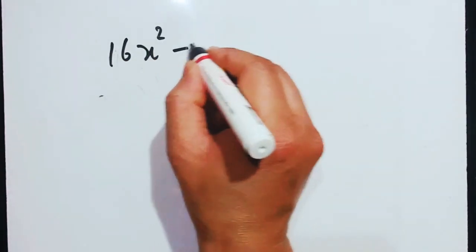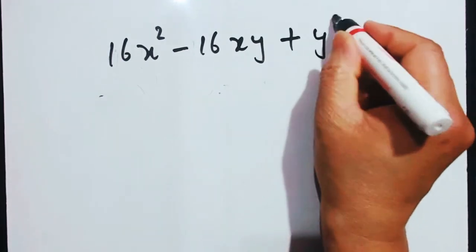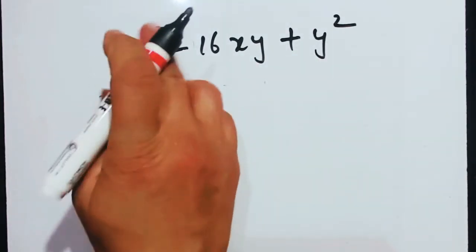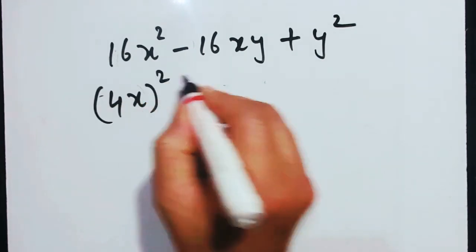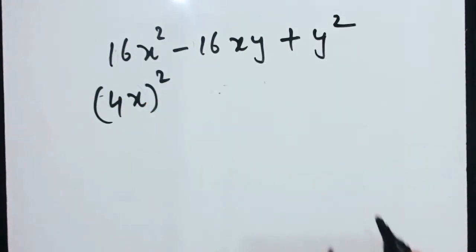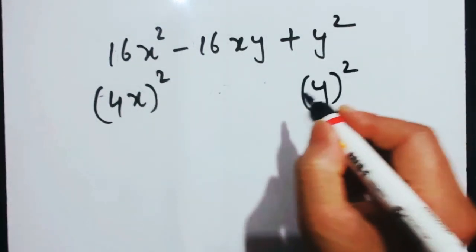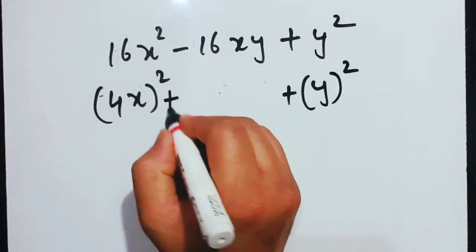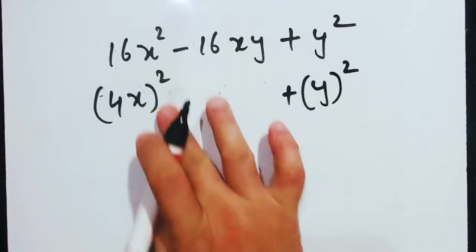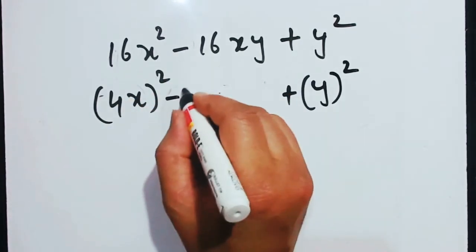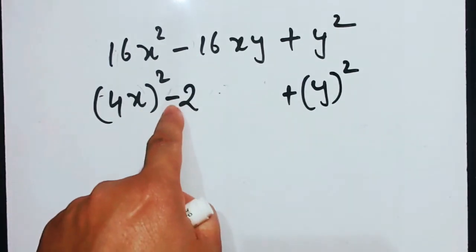16x square minus 16xy plus y square. So this 16x square can be written as 4x whole square, and this y square can be written as y whole square, and in between it should be minus 2 times. Since it is minus over here, we will put minus over here.